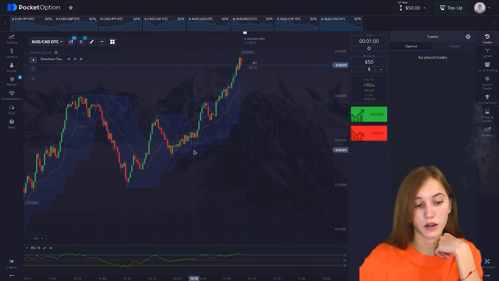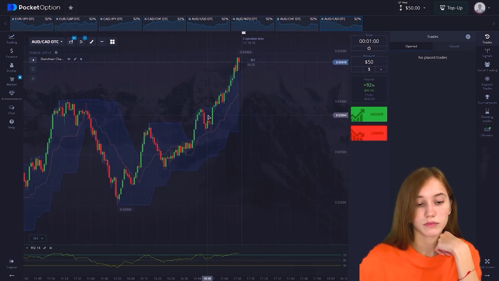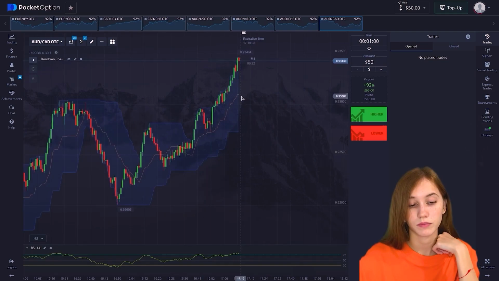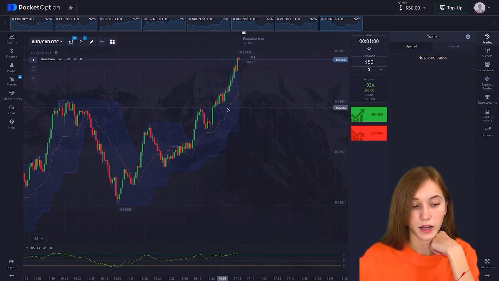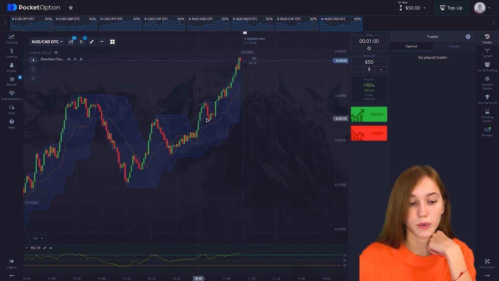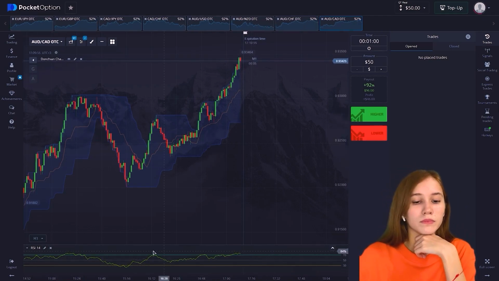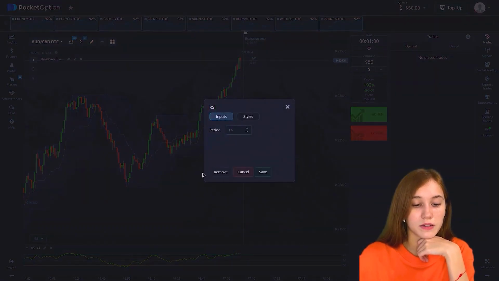The boundaries are based on extremes for certain periods. That is, there are an upper and a lower line. They help to draw attention to the levels of resistance and support, and there's also an average line that shows which side we are on, where our chart is expected to move.